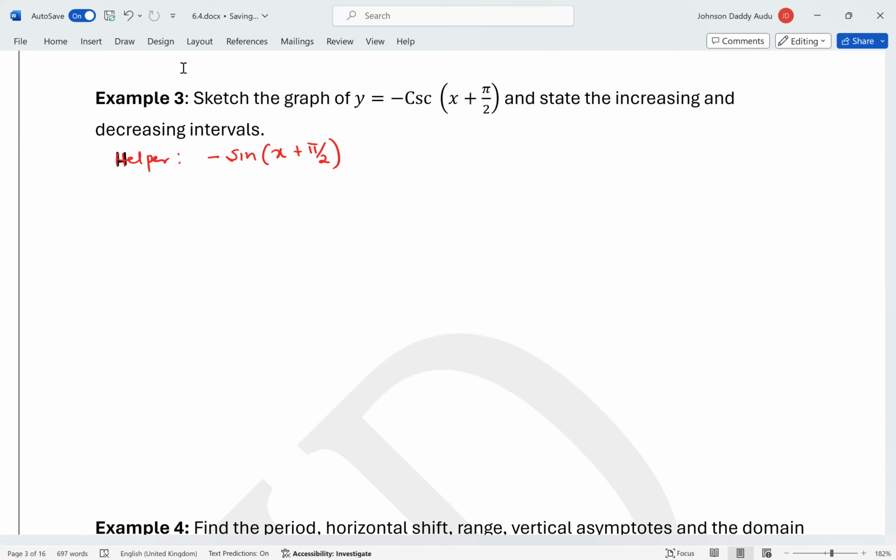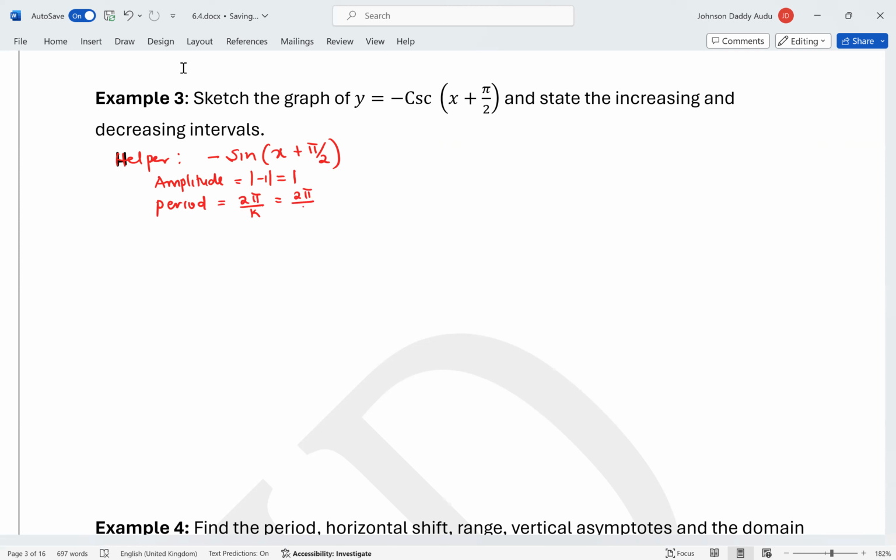So this, we can find the amplitude, which is the absolute value of minus 1, right? Which is just 1. And the period is 2 pi over what? Over k, which is just 2 pi. K here is 1.